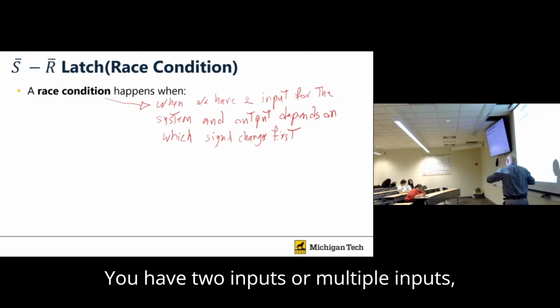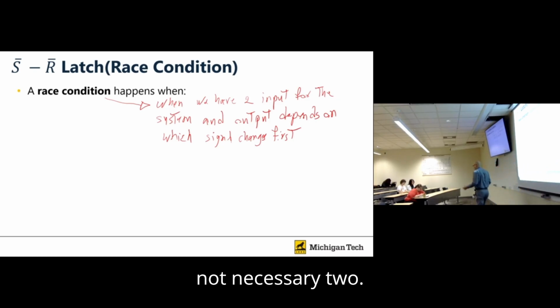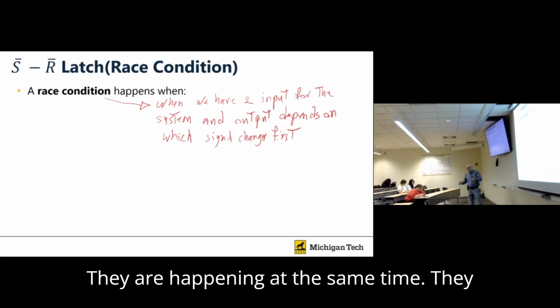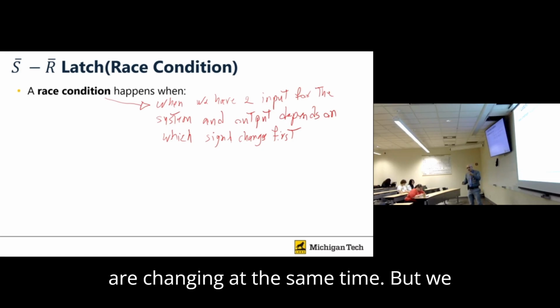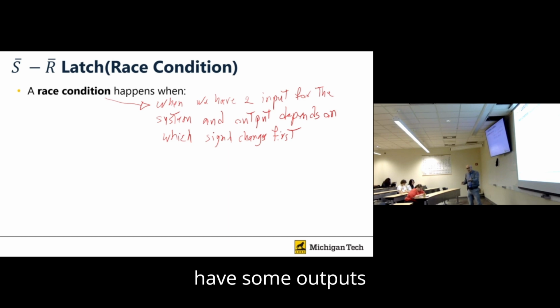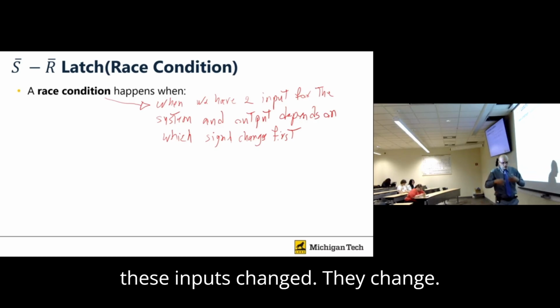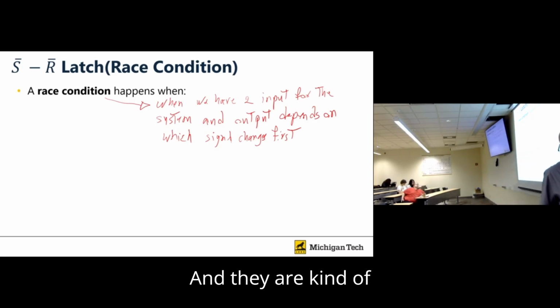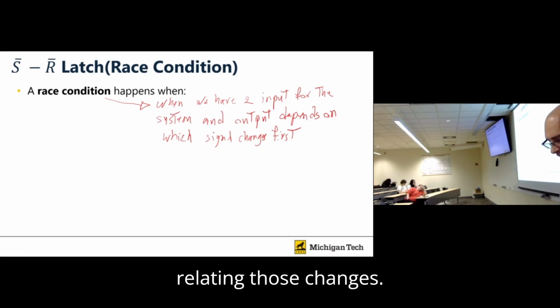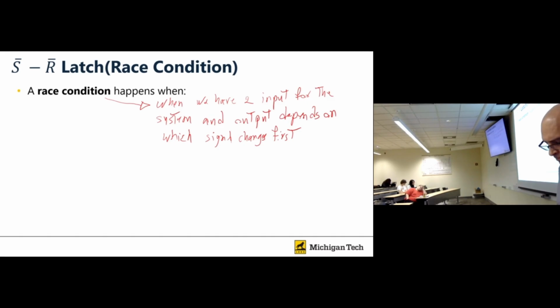You have two inputs or multiple inputs, it's not necessarily two, and they are changing at the same time, but we have some outputs that are waiting for these inputs to change, and they are kind of relating those changes.